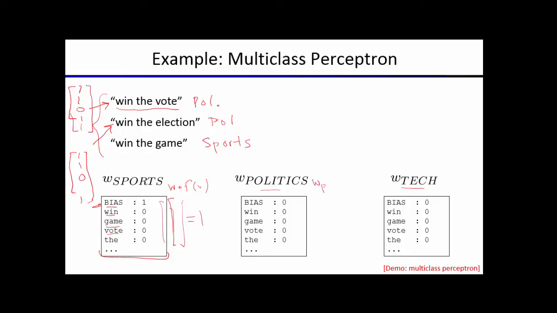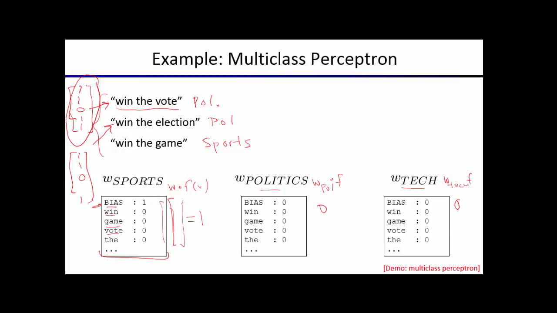And W politics dotted with f of x will be 0, and W tech dotted with f will also be 0. So in this case, the classifier will predict sports, which is incorrect. So what you'll do is you'll take your feature vector right here and subtract it from W sports and add it to W politics.